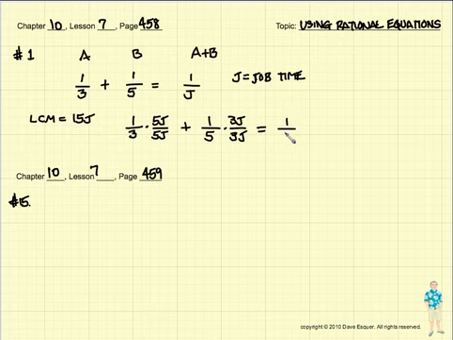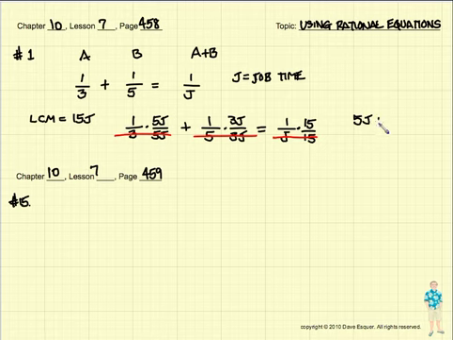And this has to be equal to 1 over J, but our LCM has to be 15J times 15 over 15. And again, remembering our rule, when the denominators are all the same, we can simply ignore everything underneath, which gives us an equation that says 5J plus 3J is equal to 15.